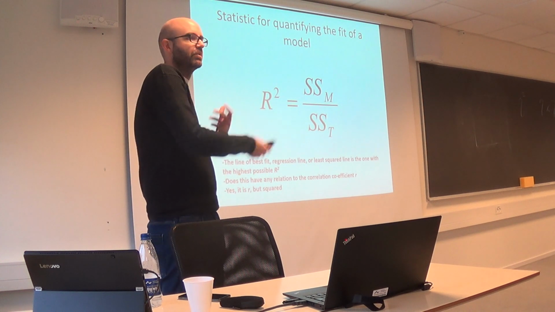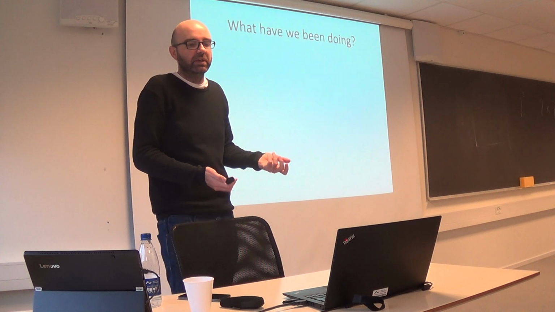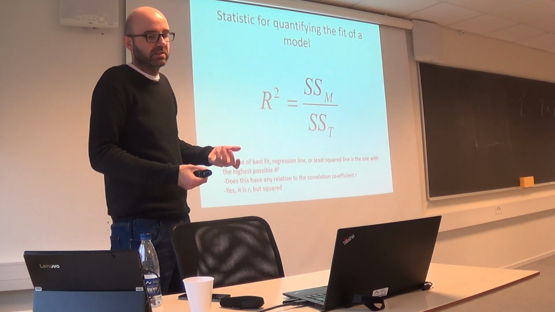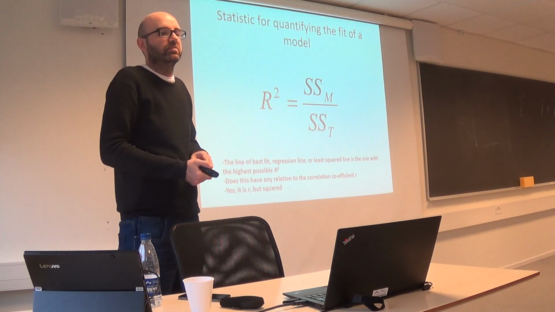And we're seeing R-squared here. We've seen R before. Does this have any relationship with the R that we were talking about before? It does. It's just the R that we calculated before, but squared. That turns out.